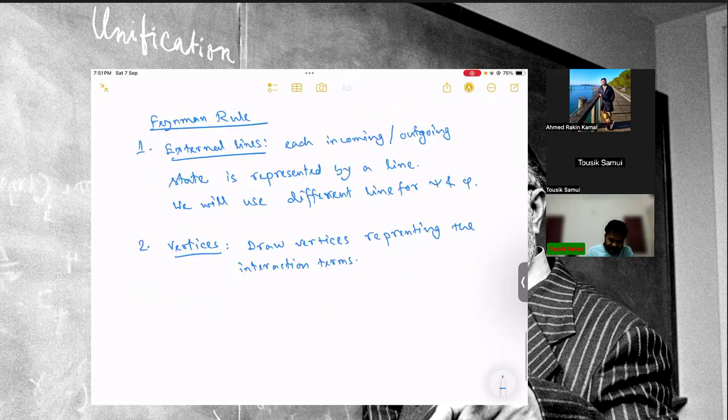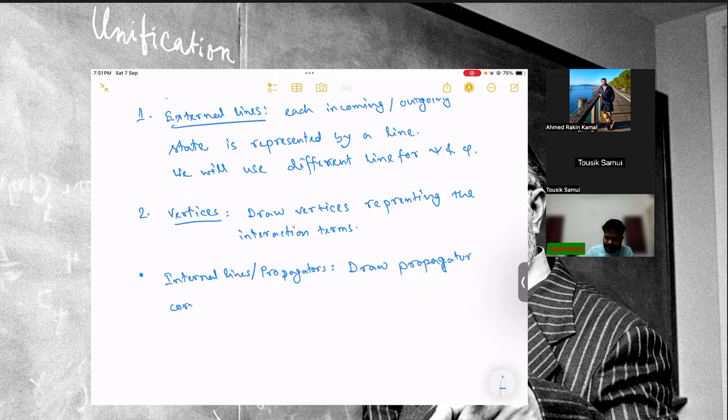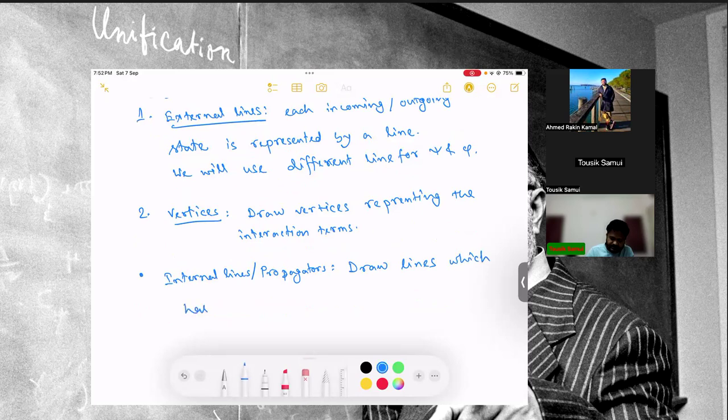Then internal lines or propagators, which have no free end, to represent propagators.